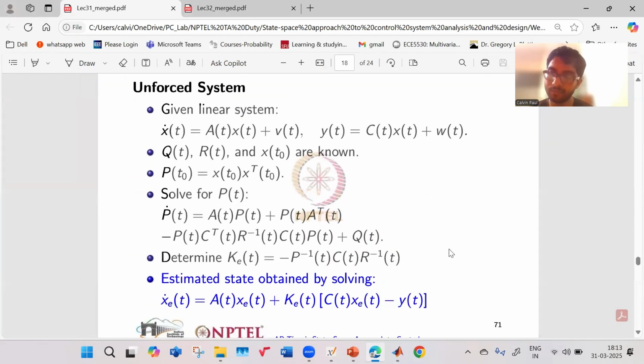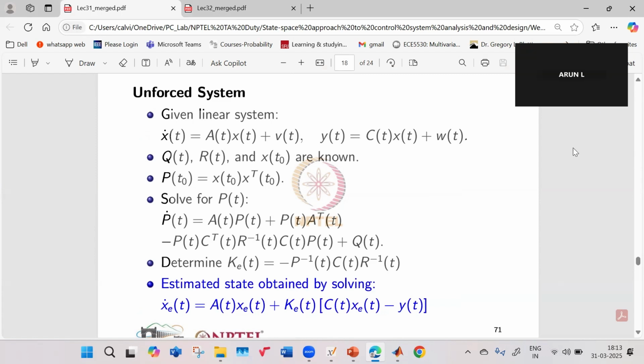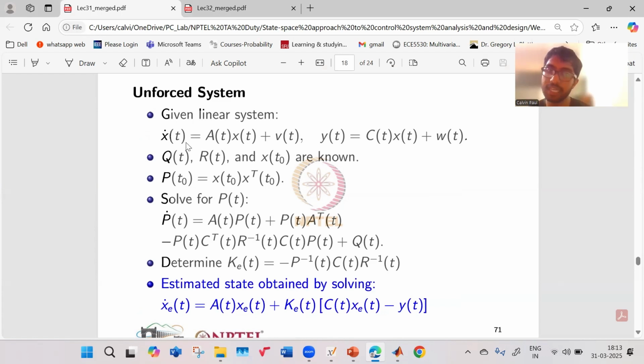So what is the final algorithm which the Kalman filter will use? They are considering a linear system, and it is considered to be autonomous. For a non-autonomous system where there is an external input, there are certain other changes. So x dot of t is A(t)x(t) plus v(t), and y of t is C(t)x(t) plus w(t).